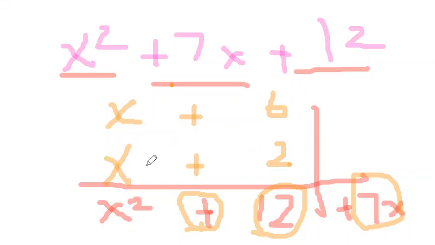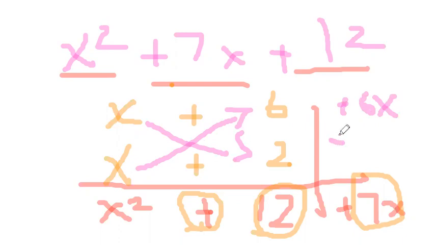What we'll have to do next is multiply it the cross way. 6 times x is 6x, and x times plus 2 is plus 2x. Now, this 6 and 2 won't be the answer because the sum of 6x and 2x is not 7x. So 6 and 2 won't work over here.